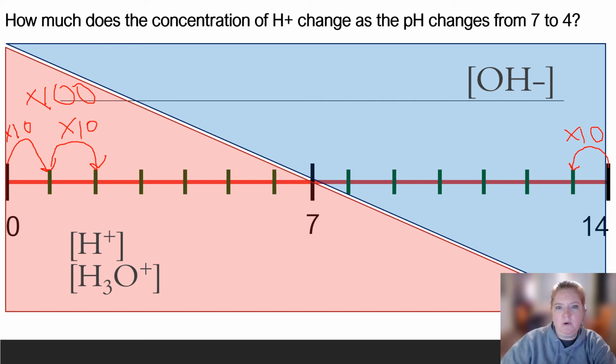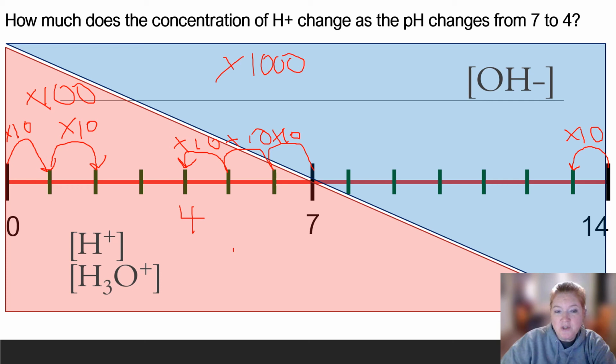So let's see, we're going from 7 to 4. So we're going 1, 2, 3. Because this is 6, 5, there's 4. So this jump times 10, this jump times 10, this jump times 10. 10 times 10 times 10 is times 1,000.